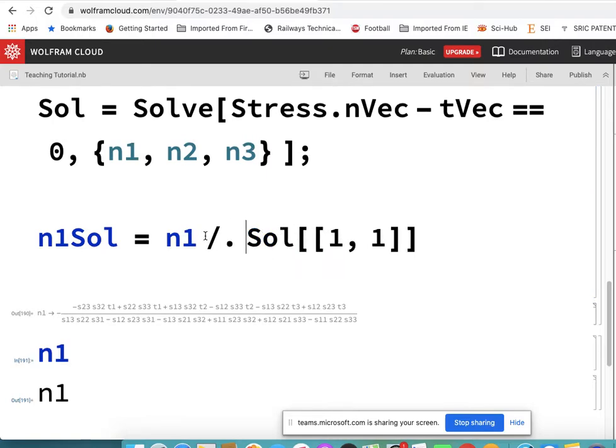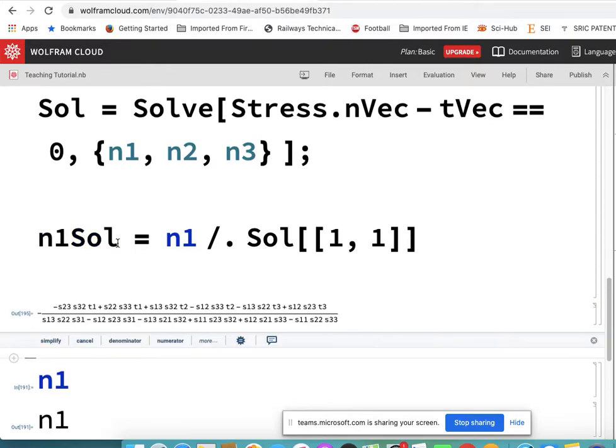This is what you use to evaluate something using the solution. Here I am using the solution for n1 to evaluate n1. If I press this, n1 solution is assigned this.